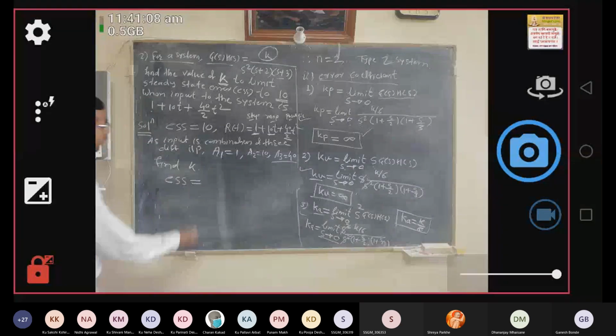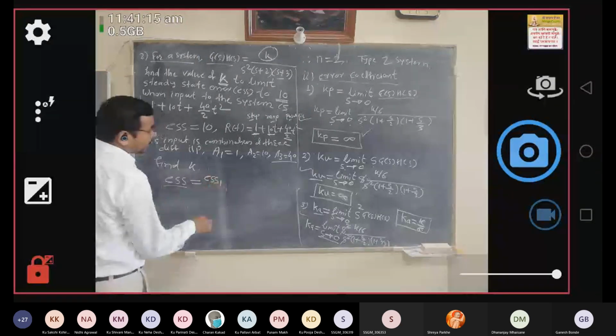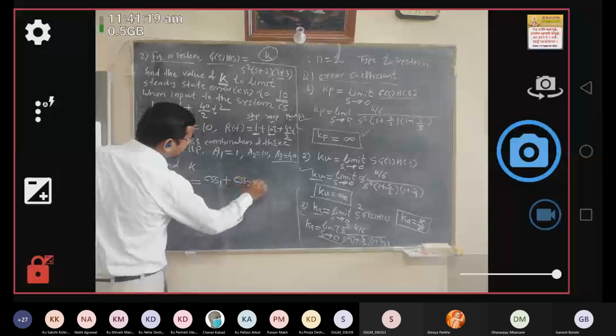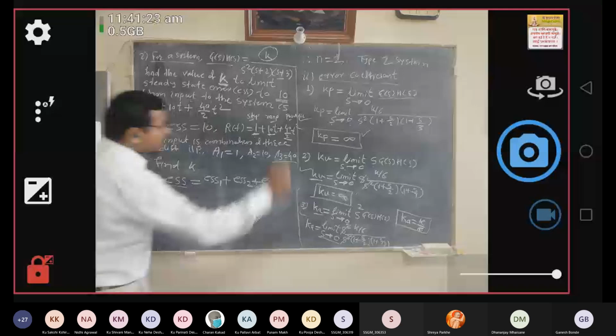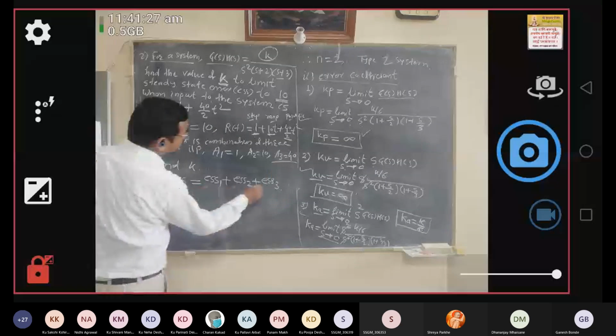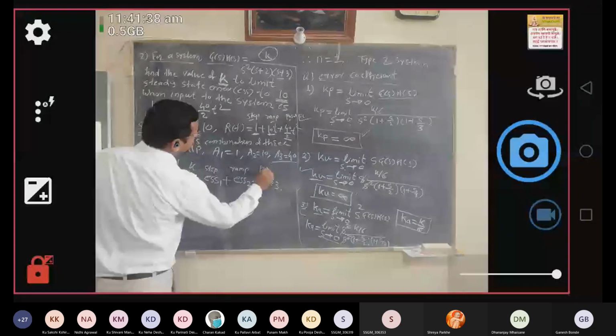So therefore total steady state error will be given by what? It is the algebraic sum of the steady state error obtained due to input 1, plus the steady state error obtained due to input 2, and the steady state error obtained due to input 3. So total ESS will be given by ESS1 plus ESS2 plus ESS3. ESS1 you get because of the step input, ESS2 because of the ramp input, and ESS3 because of the parabolic input.